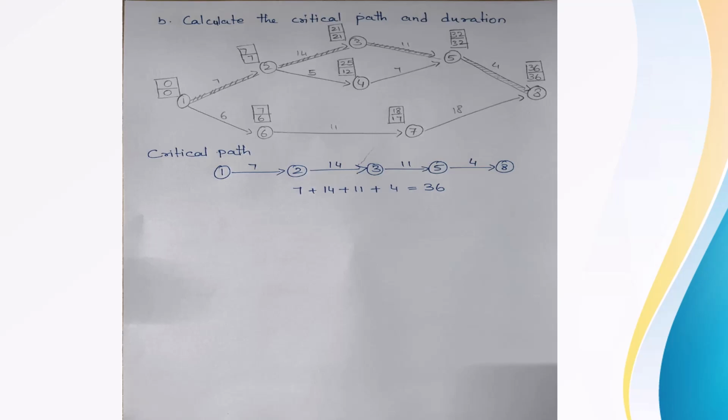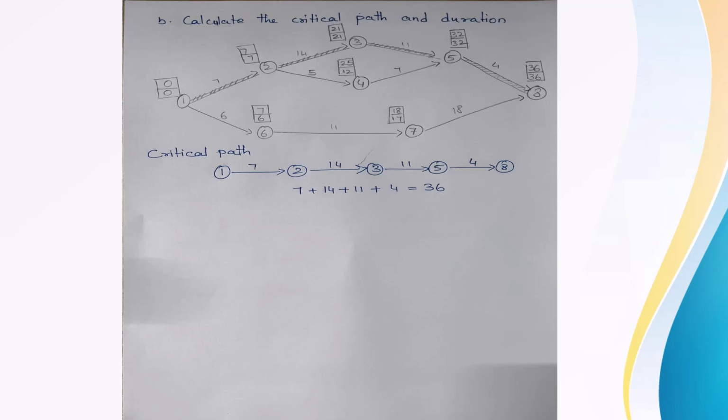The EST of 3 is 21, the duration from activity 3 to 5 is 11, so it is 32. EST of activity 4 is 12, the duration of 4 to 5 is 7, so it is 19. If we compare 32 and 19, which is the greater one? 32. So we will take 32 as the EST for activity 5.